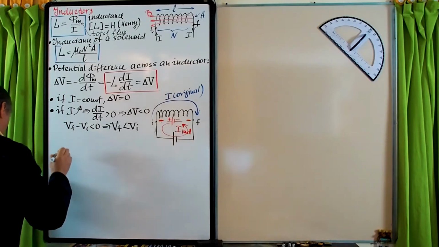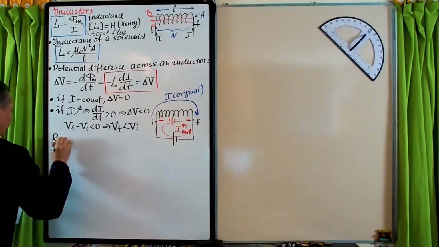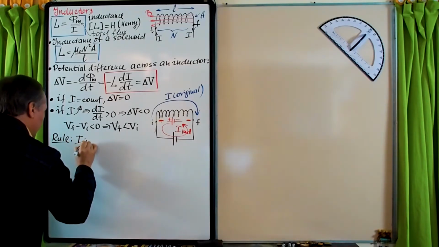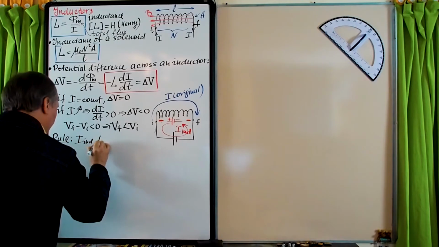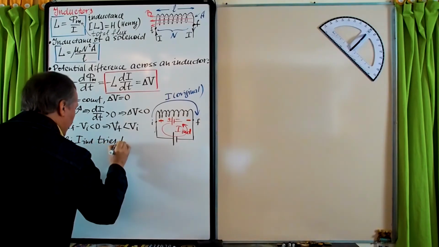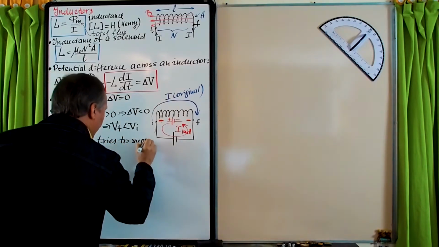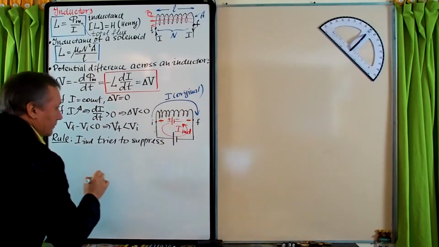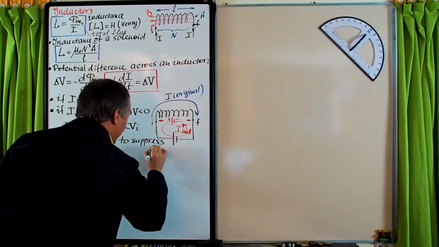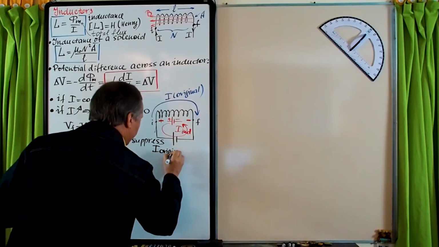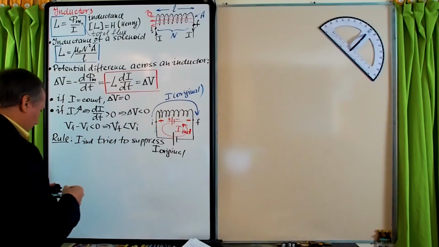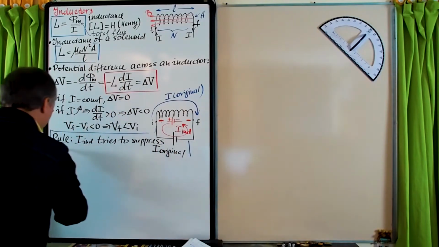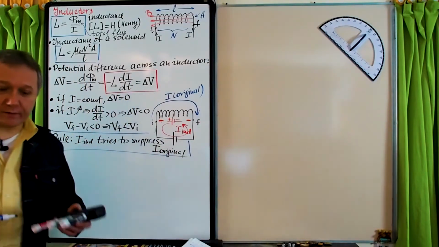So the rule: I induced tries to suppress I original. Damn it. Okay, let me add here I original. Okay, let me frame it. So drive the current in the opposite direction.